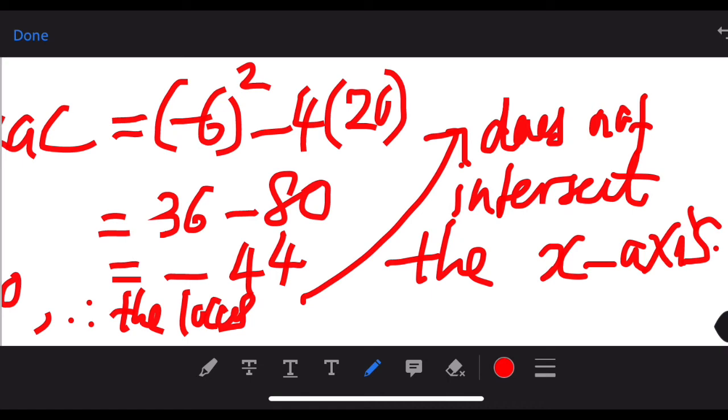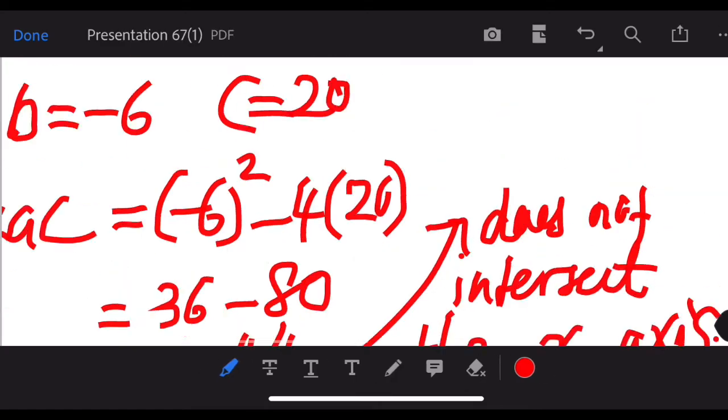If you have b squared minus 4ac equal to 0, it means that the locus touches the x-axis. If you have b squared minus 4ac more than 0, it means that the locus equation intersects the x-axis at two different places, 2 points of intersection. That is the concept of Section A.